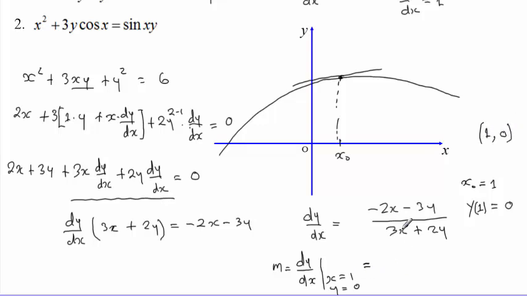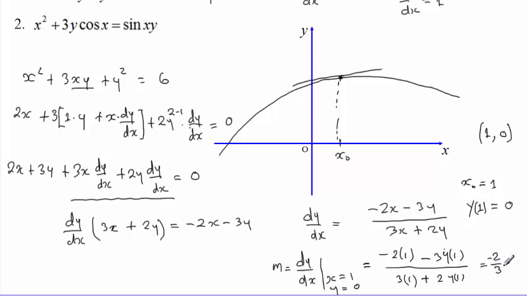So if we evaluate here, we substitute x by 1, and we get 2 multiplied by 1 minus 3 times the value of y at 1, over 3 multiplied by 1 plus 2 times the value of y at 1. But we've already seen that the value of y is 0, so we put 0 here, 0 there. Then the final answer here will be 2 minus 2 over 3.